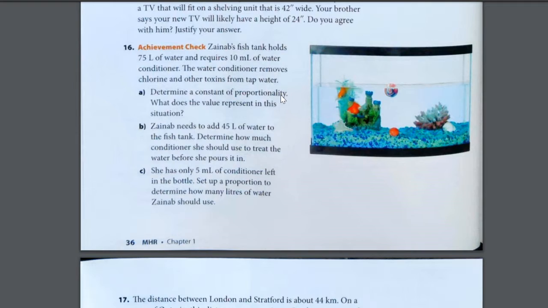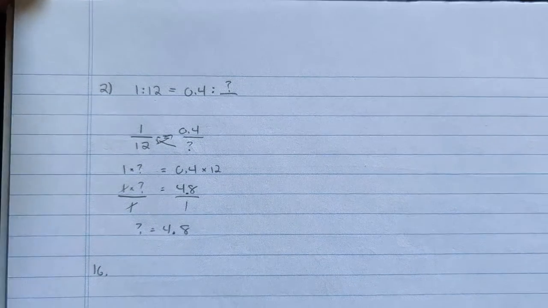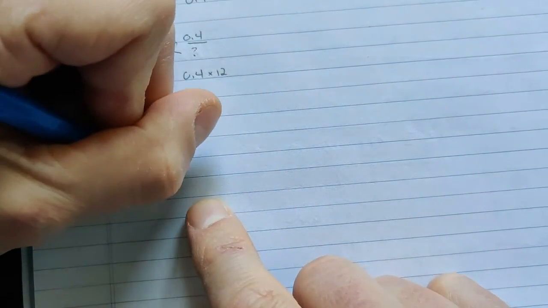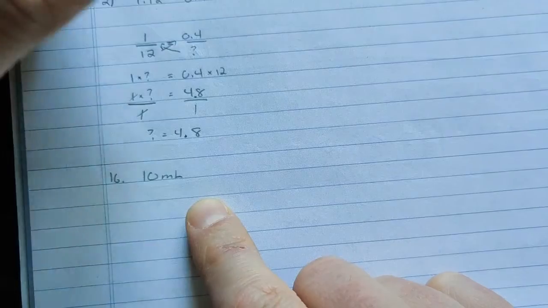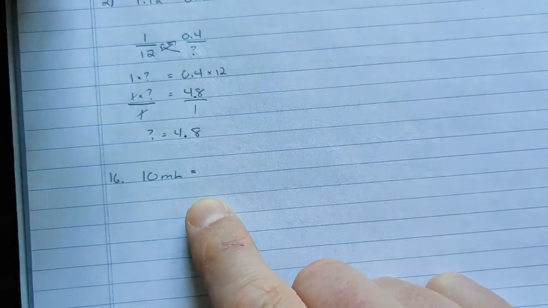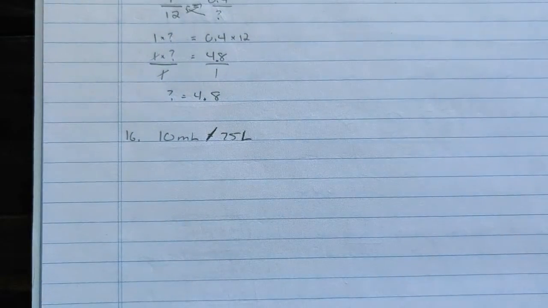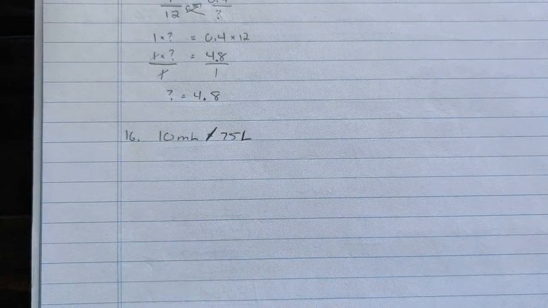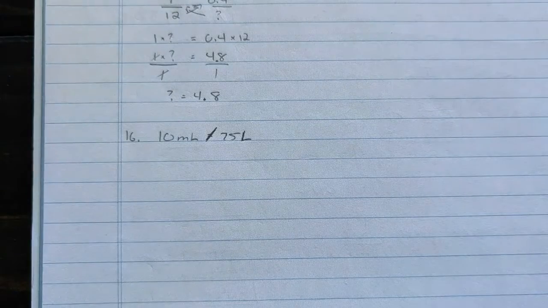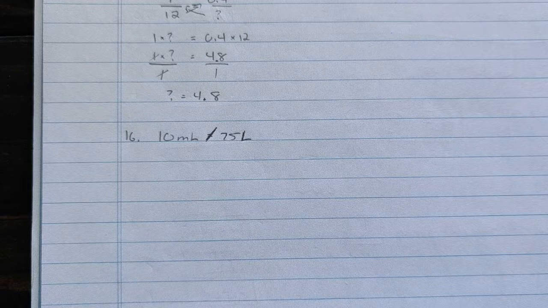If I set this up to find our constant of proportionality, we have 10 milliliters of conditioner equals 75 liters of water. Here we have a comparison of two different units, so we're going to use the rate instead of the ratio setup.